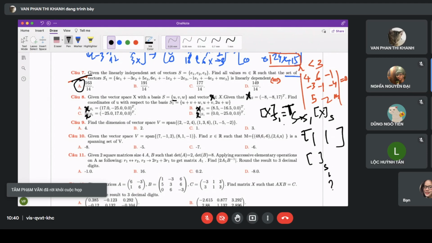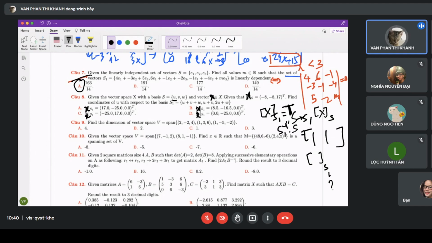S to S1 means that the matrix will be S1 inverse times S, right? Remember that? Here in this position, we have S1, and here we have S. It means that the matrix here is S1 inverse times S. Understand? Please wait.